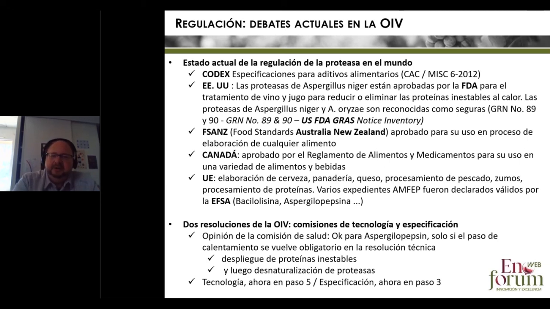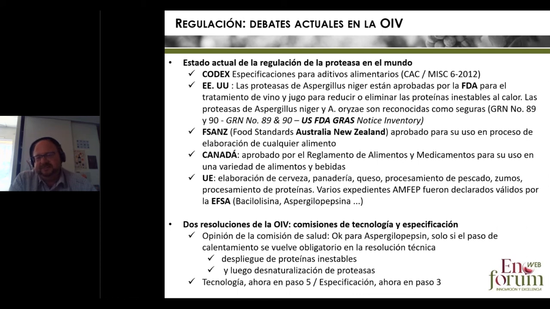And in Europe, those proteases are already approved in brewing, bakery, cheese processing, fish processing, juice production, and protein processing. Different dossiers have been validated by the European Food Safety Authority, involving bacillolysin and aspergillopepsin. In the OIV, two resolutions are still in discussion.